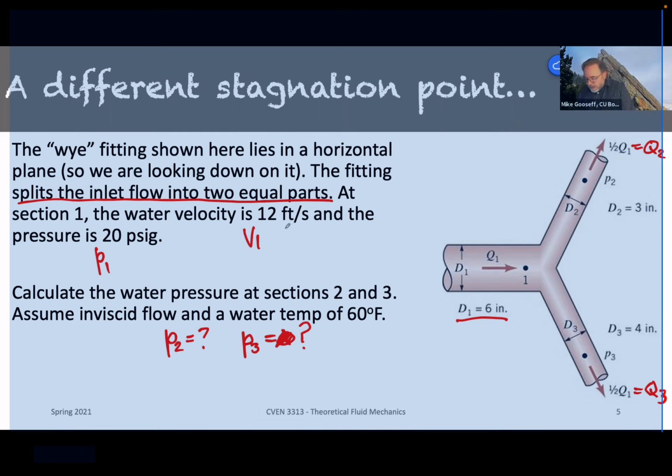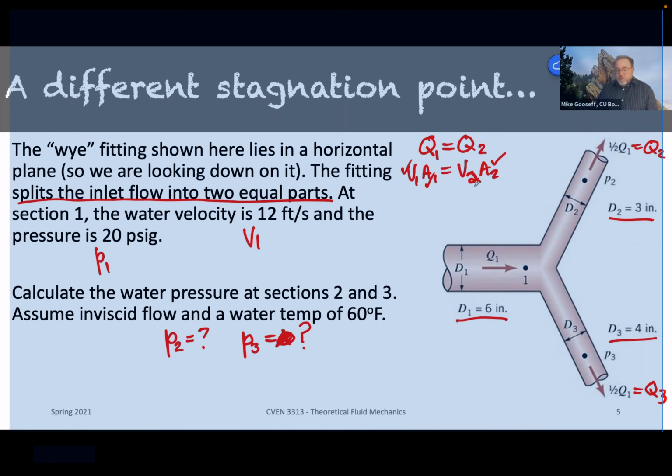And so that means then we are given a diameter for each of those, the legs 2 and 3, but we're not given anything about the velocity. So one way that we can figure out the velocity at 2 is to say Q1 is equal to Q2, and of course this means V1 A1 is equal to V2 A2. We can calculate this, and we can calculate A2 to basically back out V2.